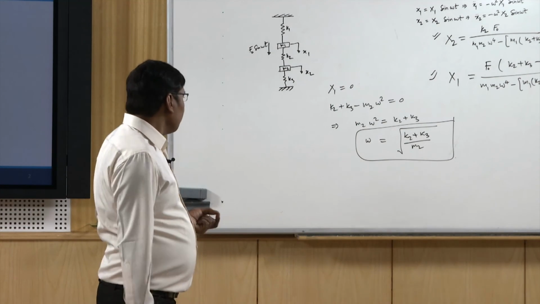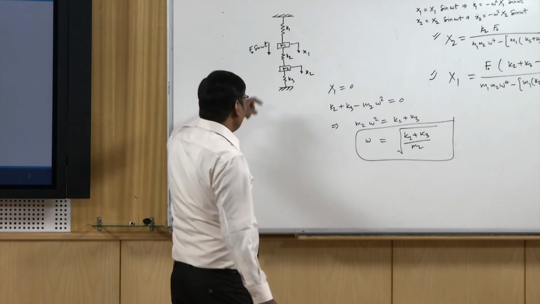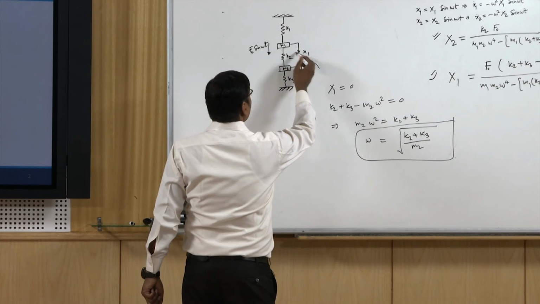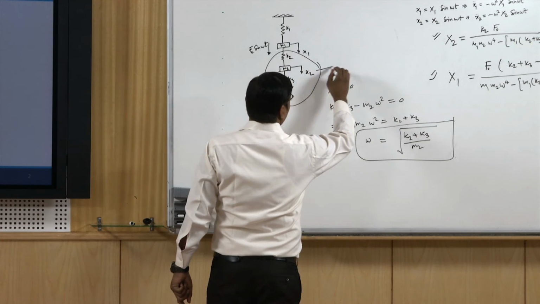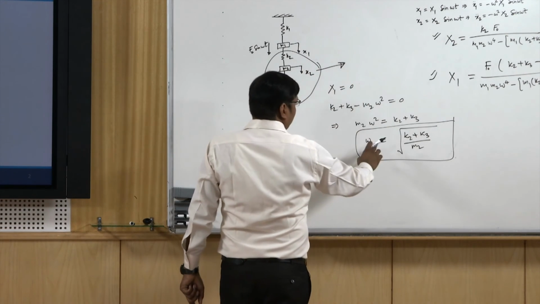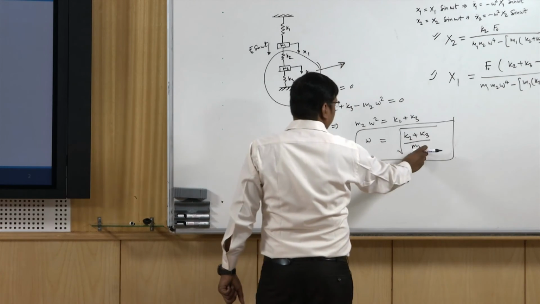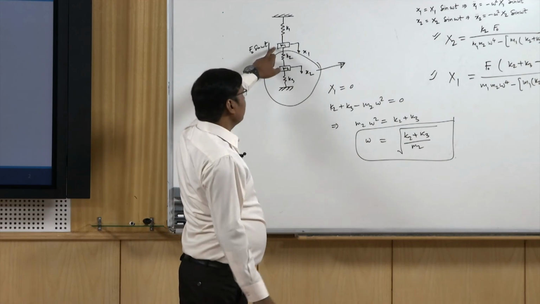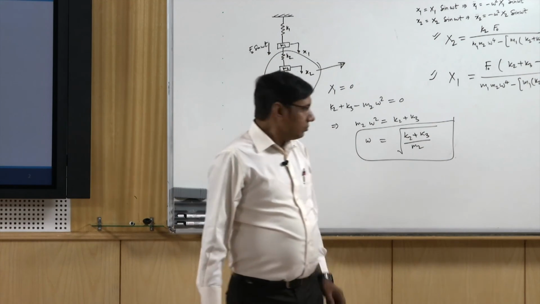So if we select the value of K2, K3 and m2 such that under root of K2 plus K3 by m2 equal to omega, then this mass will come at rest.